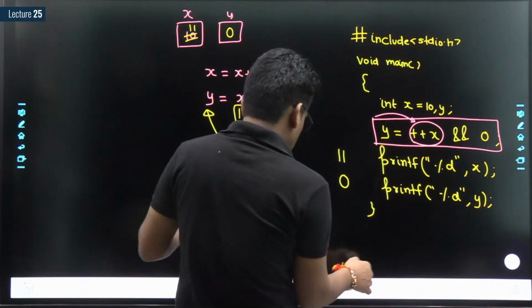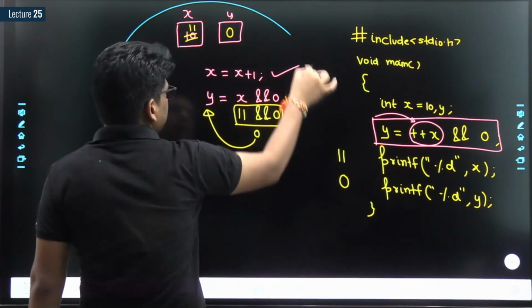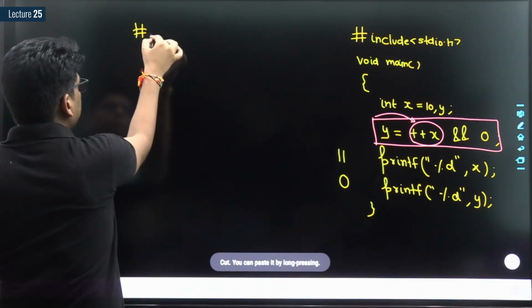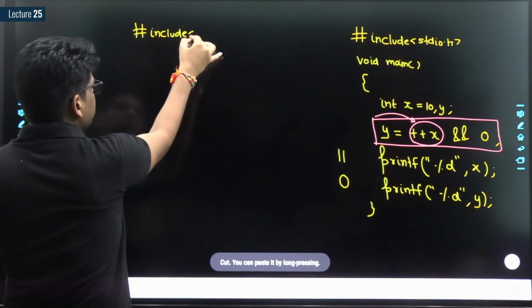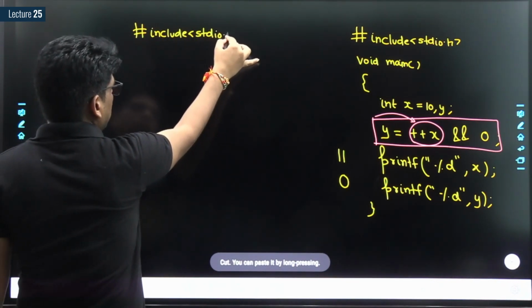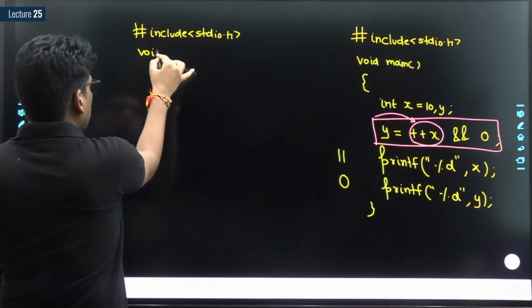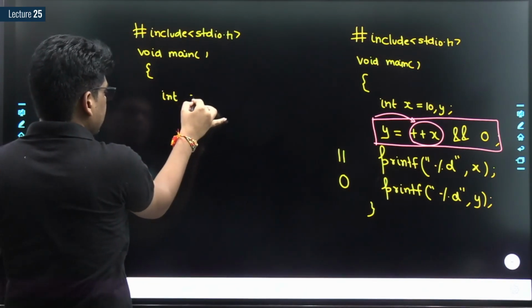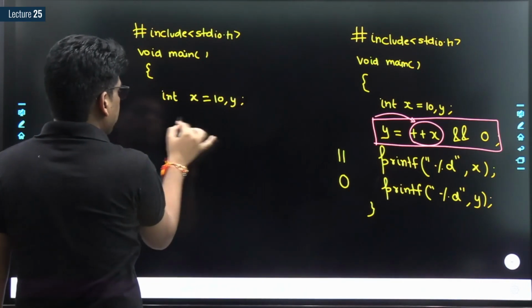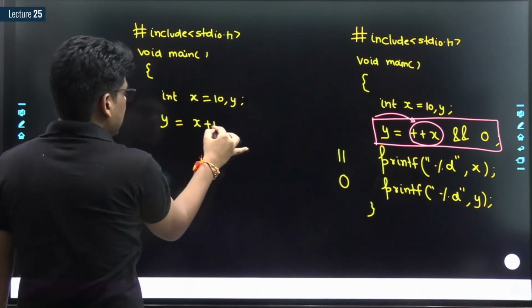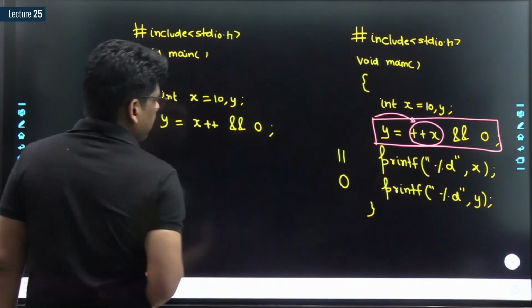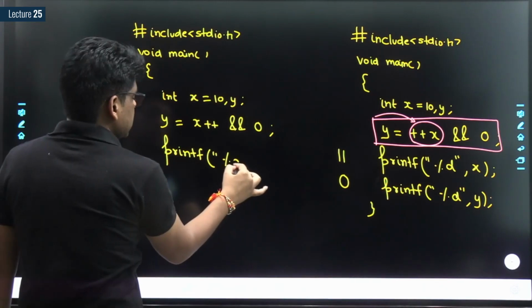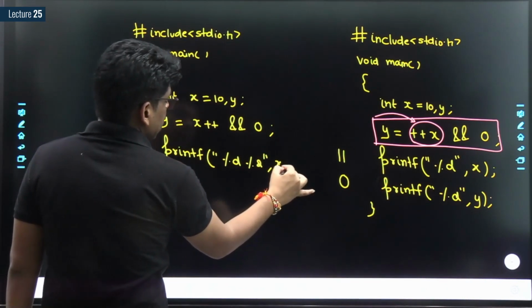But on the other hand, let me take another example. #include <stdio.h>, void main, int x = 10, y = x++ && 0; printf("%d %d", x, y).